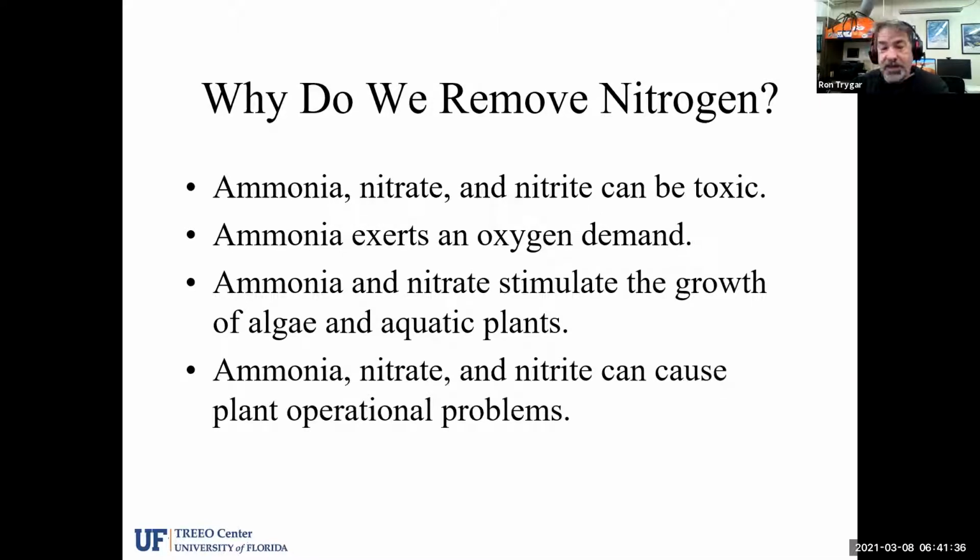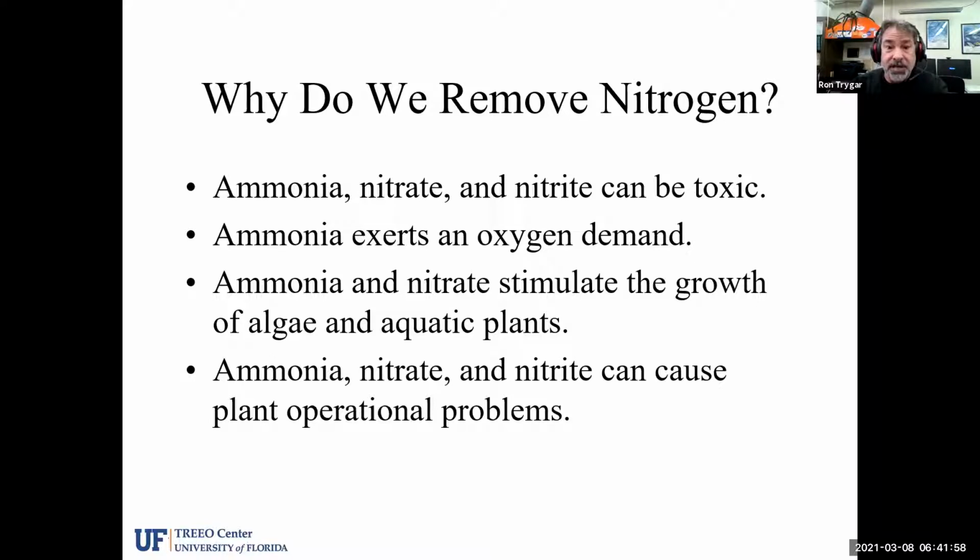And we also know that nitrates, nitrite, ammonia in their various forms can definitely cause us plant operational problems. So we want to talk a little bit about what causes some of these treatment plant problems that we experience in our day-to-day operations. And these problems can happen in many facilities.